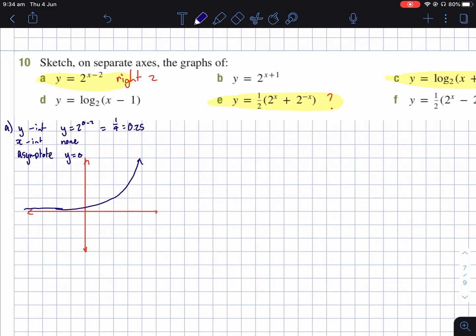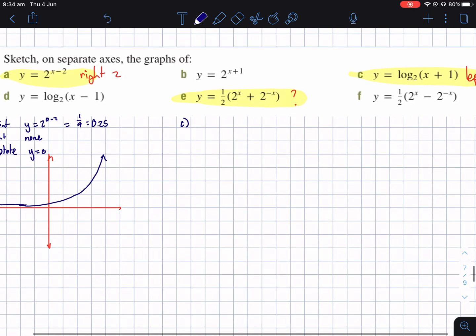For C, it's also easy. So we've got log base 2 of x plus 1. So the y-intercept, we've got y equals log base 2 of 0 plus 1. So log base 2 of 1, so 2 to the 0 equals 1, so y equals 0.